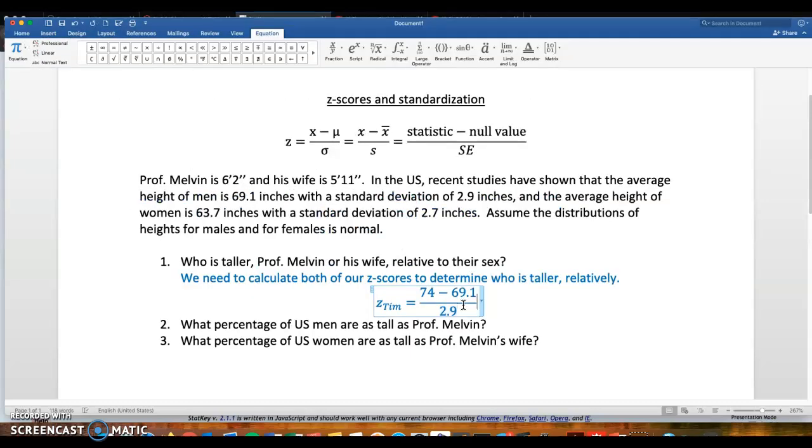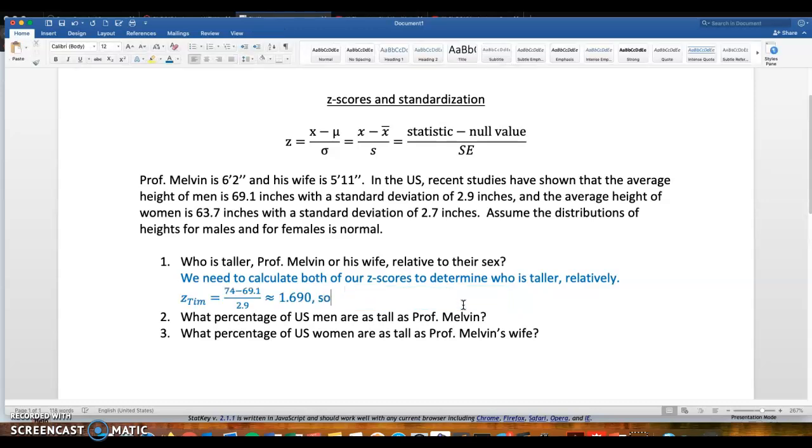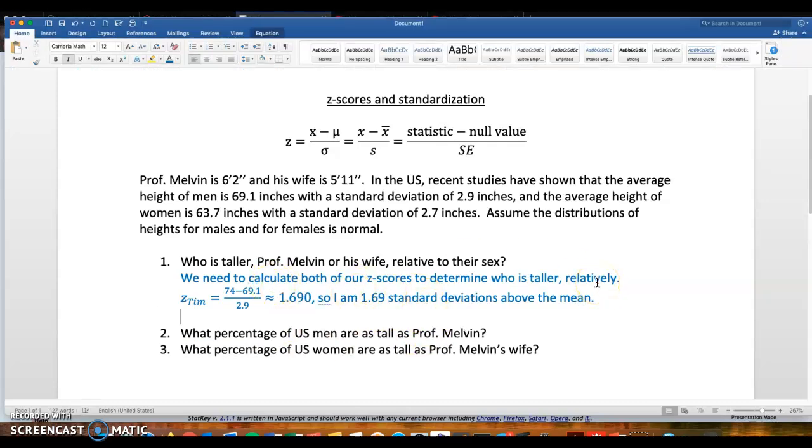So I'm going to throw this in my calculator. Rounding to 3 decimals, it is approximately 1.690. So I am 1.69 standard deviations above the mean. That's what that number represents.